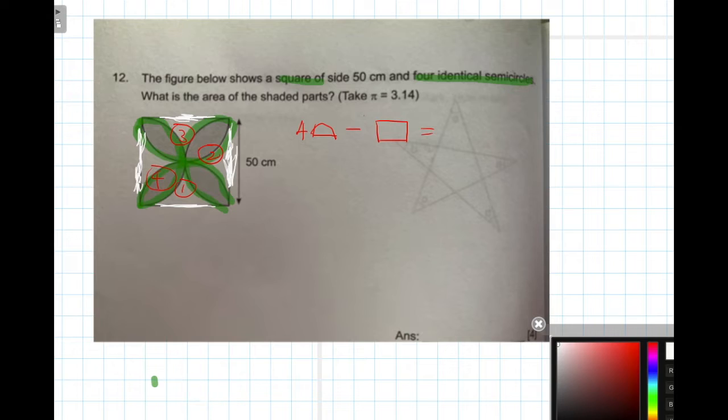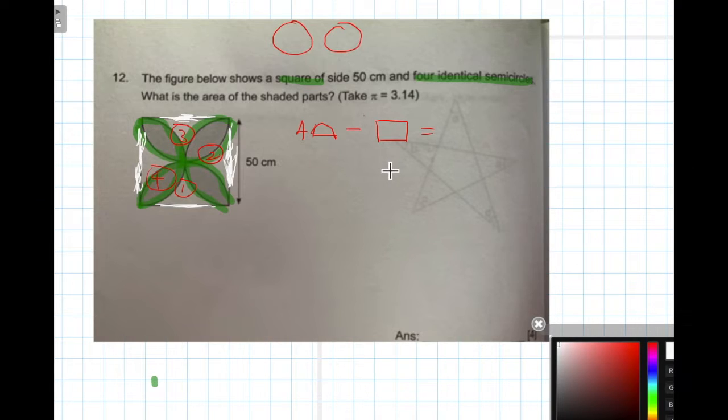Okay, so 4 semicircles, you know that, let me find something first. 4 semicircles is what? It's actually 2 circles, correct or not? You have 4 semicircles, which is actually 2 circles.